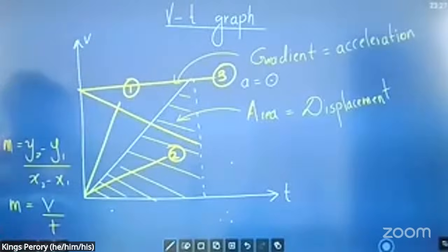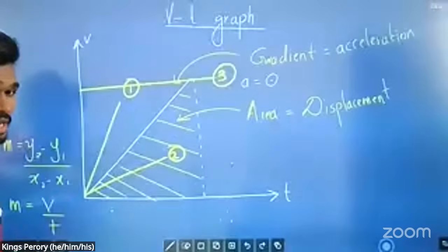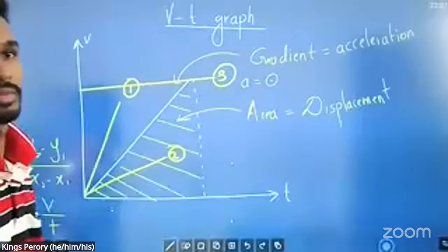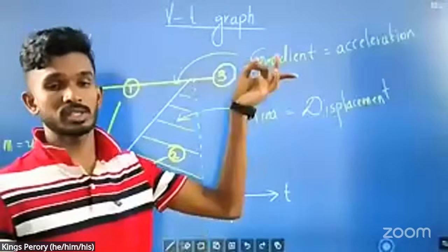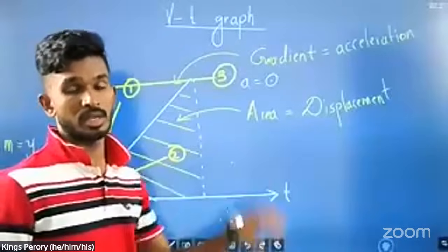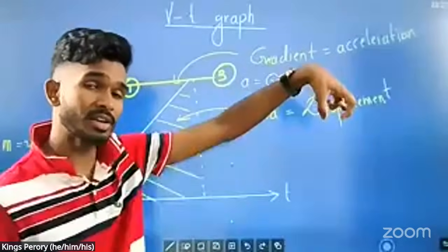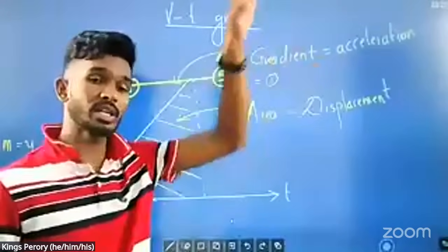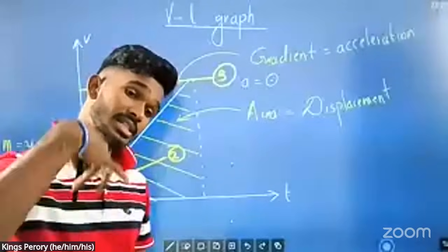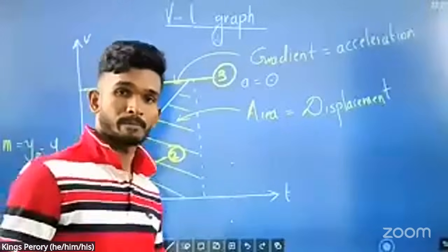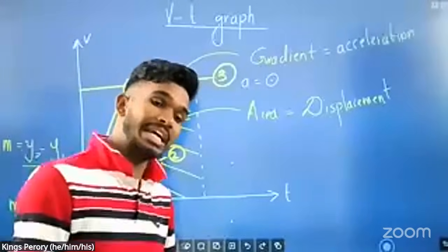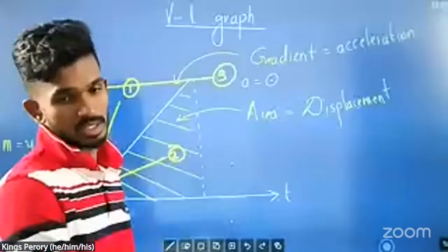So remember, acceleration 0, velocity same. If there is acceleration, velocity increases. If acceleration has a negative value, that is deceleration, and then velocity decreases.